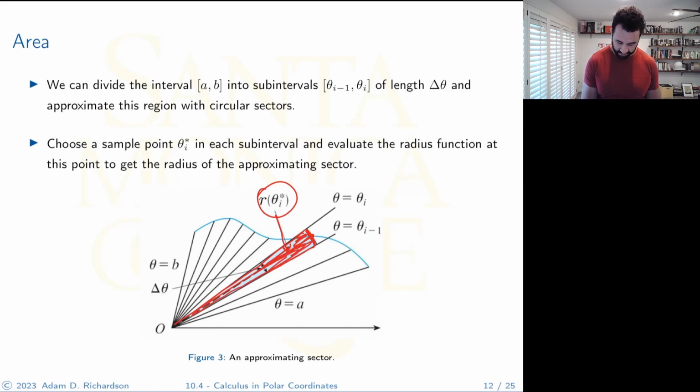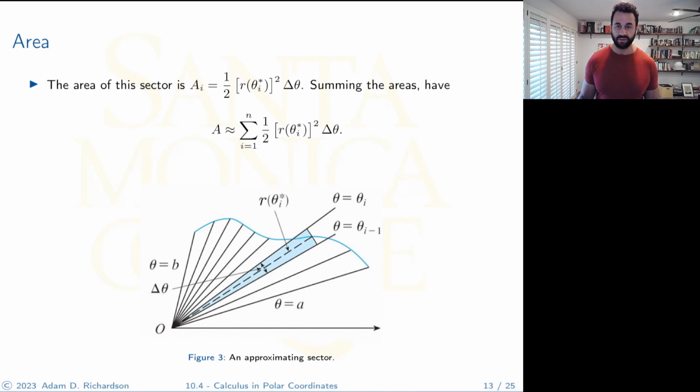There we go. So now we have the sample point, we have the radius associated with our circular sector, and this width, the change in this angle, that's Δθ. We're going to use equal length subintervals, by the way.